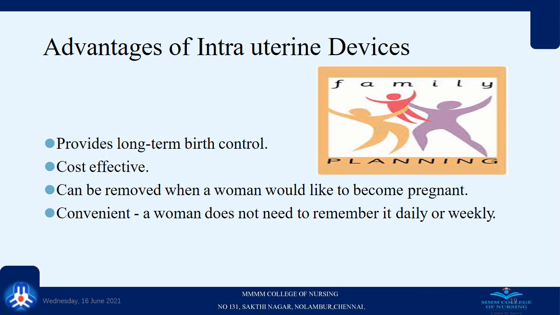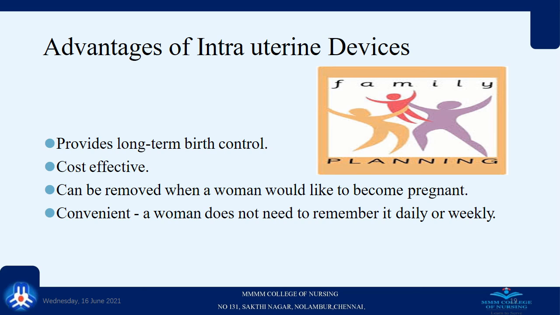Next, let's see the advantages of the intrauterine device. It provides long-term birth control, around 3 years, 5 years, or 10 years, based on the device we are inserting. It is also very cost effective. It can be removed when a woman would like to become pregnant. It is a convenient method.